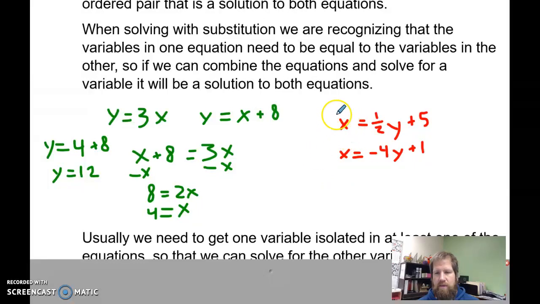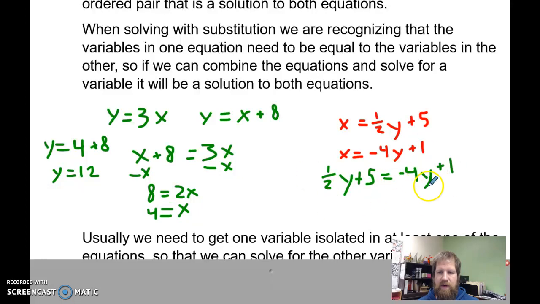You can say that x is equal to 1/2 y plus 5, and x is equal to negative 4y plus 1. So I should be able to say that 1/2 y plus 5 is equal to negative 4y plus 1. And that's fine, I still have one variable.